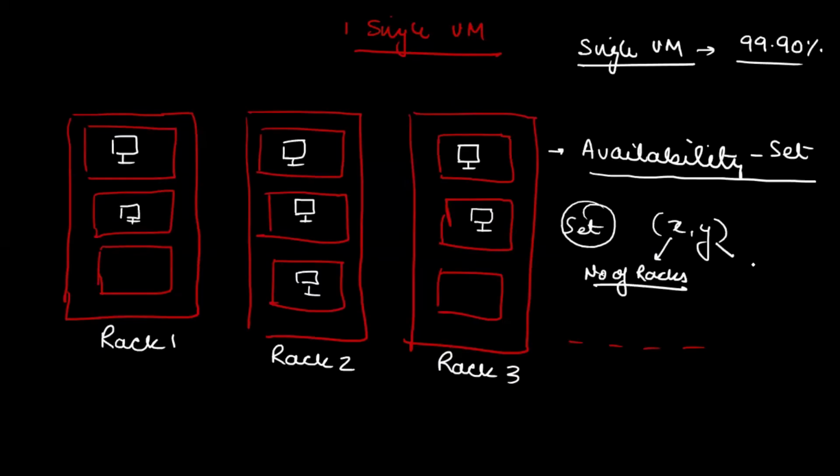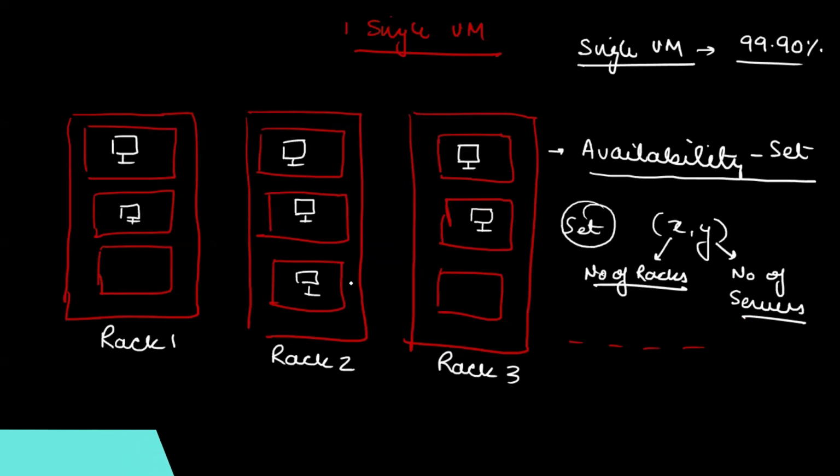Now, what this means is that if I say one single VM, that means I have to create a single server on a single rack. Here X comma Y means number of racks and number of servers. Now, what this exactly means is how many copies do you see on the screen that I've created?